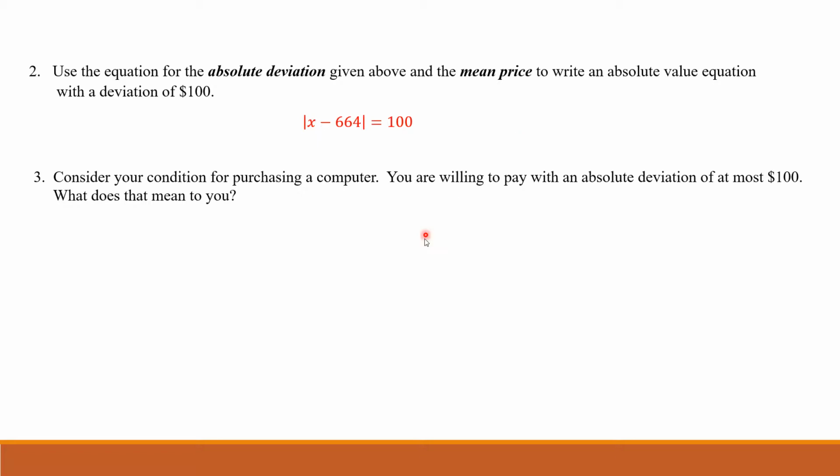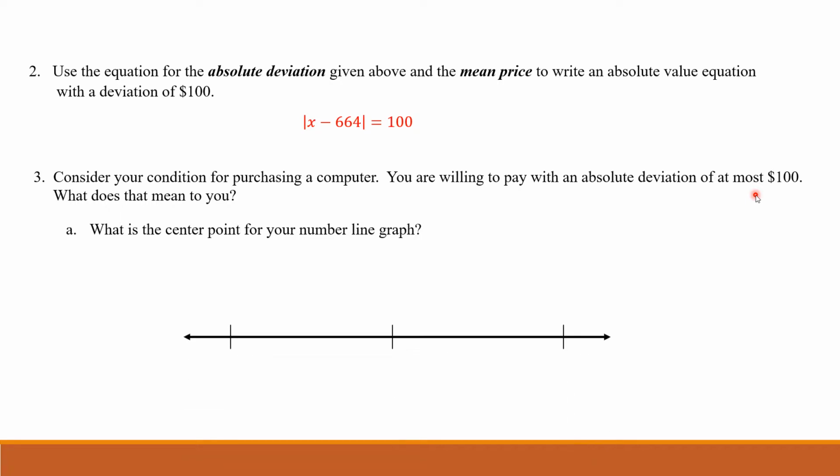All right, now we want to consider the condition. We said you're willing to pay an absolute deviation of at most $100. What does at most mean? That means no more than $100 greater than 664 or less than 664. If we think about graphing this equation, we have 664 as the mean price.